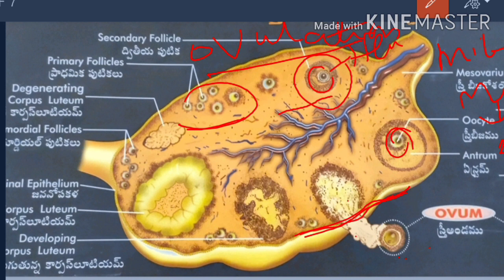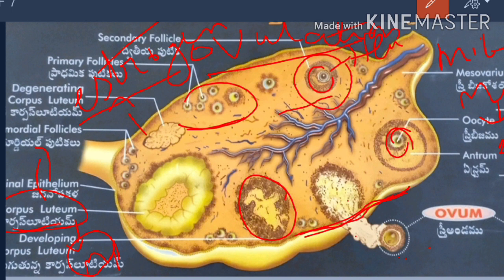The ruptured follicle is called the corpus luteum. The ovary produces the hormone estrogen. Similarly, in the male reproductive organs, the testis also produces a hormone. What is that? Testosterone. So the ovary produces which hormone? Estrogen. These are the questions from the ovary.